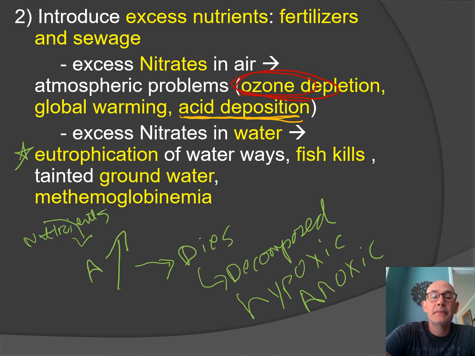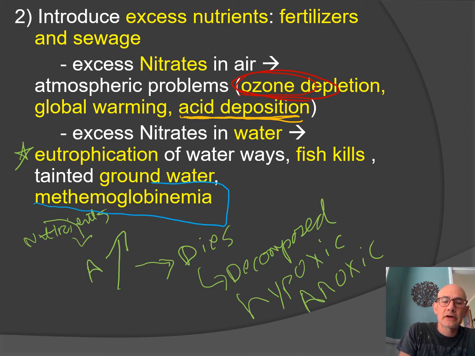Other things that can happen if you have tainted groundwater, the nitrates can get into the blood and they can cause a condition called methemoglobinemia. The nitrates normally are going to be broken down by enzymes in our bodies so that they don't harm us, but some people lack those enzymes, particularly babies.